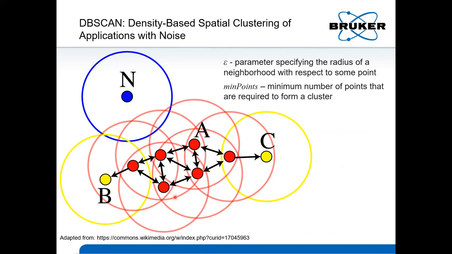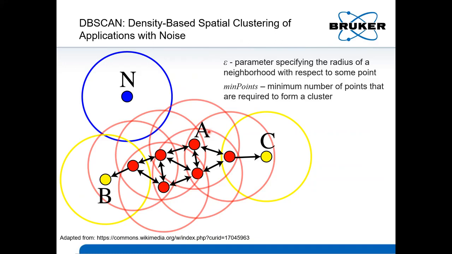In this algorithm, there are two key parameters: epsilon, which specifies the radius of a neighborhood with respect to some point, and min points, which is the minimum number of points that are required to form a cluster. In this diagram, min points equals 4. Point A and the other red points are considered core points because the area surrounding these points in an epsilon radius contains at least 4 points, including the point itself.